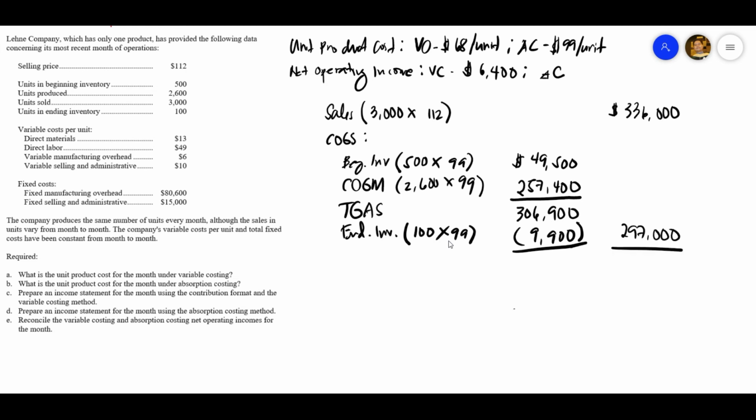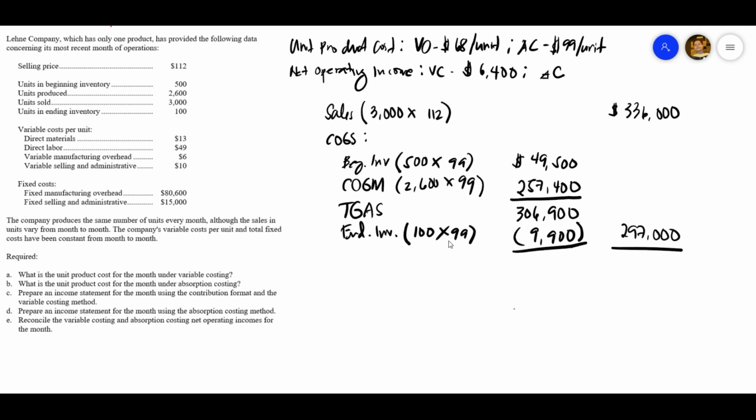Okay, what do you notice in here? So in the absorption costing, your fixed manufacturing overhead is part of your cost of goods sold. Okay, whereas with variable costing, it is treated as period cost. So it's separate from the cost of goods sold. It will not be part of your variable cost. Okay, it will form part of the fixed cost.